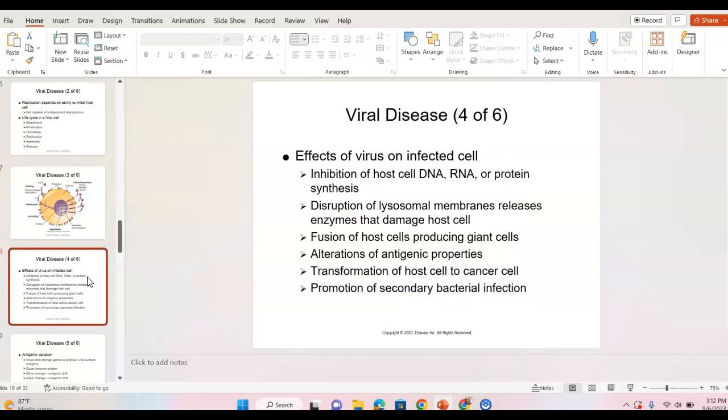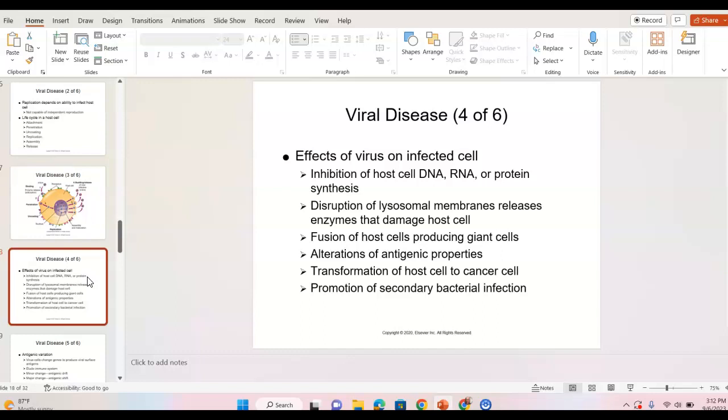Okay, so the effects of the virus on that infected cell can inhibit the host cell DNA and RNA or protein synthesis, because it's taking up all of the genetic material in that cell to make its own little packets of viruses. It can disrupt those lysosomal membranes that release enzymes that will then go into the host cell and damage it. Fusion of host cells producing giant cells.